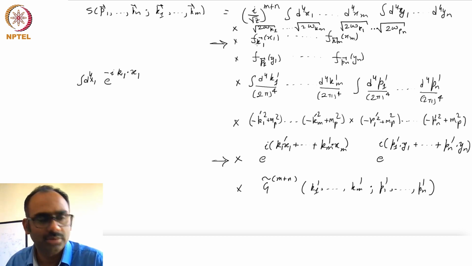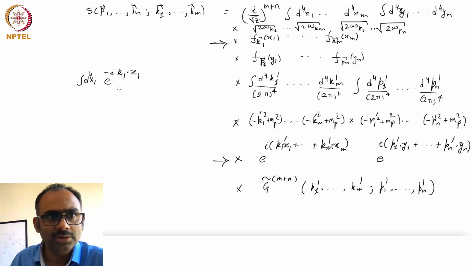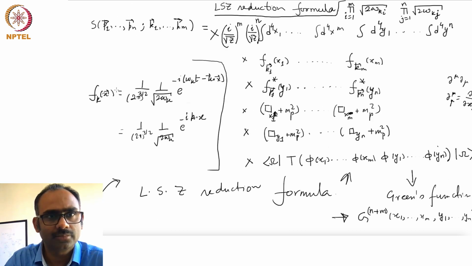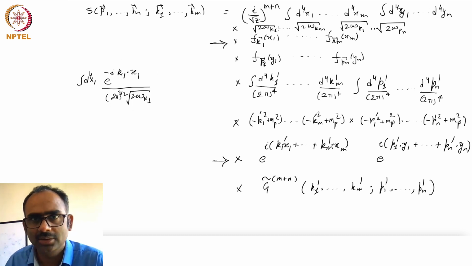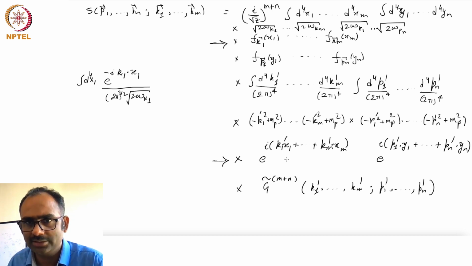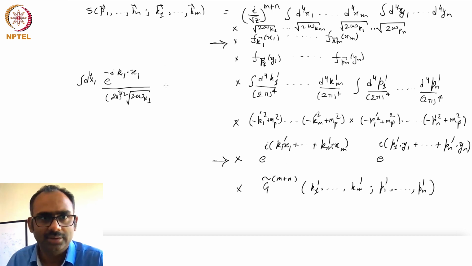So, this will have 1 over 2 pi to the 3 halves and 2 omega k1, that is f k1 of x1, and then you have another x dependence coming from here, times e to the I k1 prime dot x1.